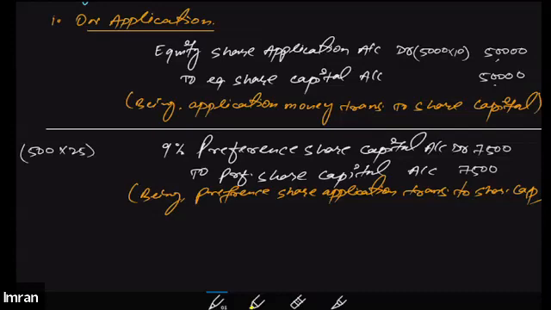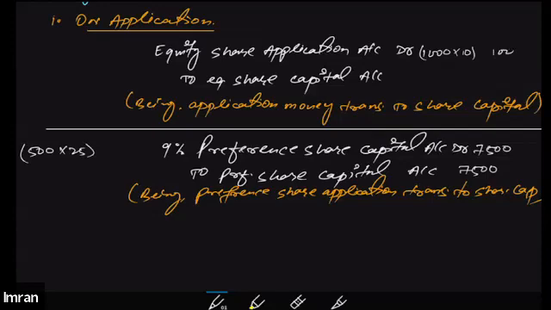Just a minute. How much have we received on application? Oh, sorry, how much equity share have we issued? I guess we just issued 1,000 shares. Just a minute. It should be multiplied with the 1,000. 1,000 into 10.